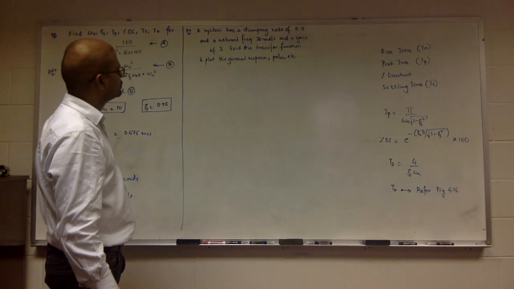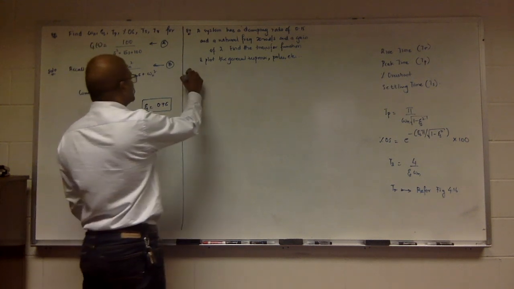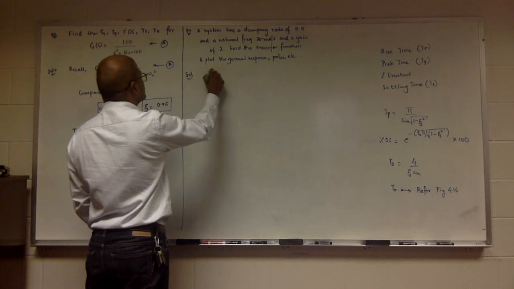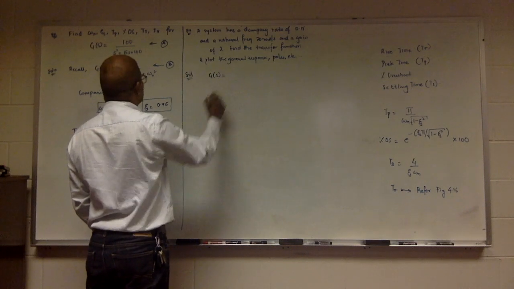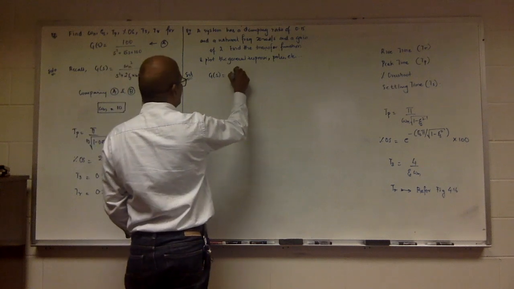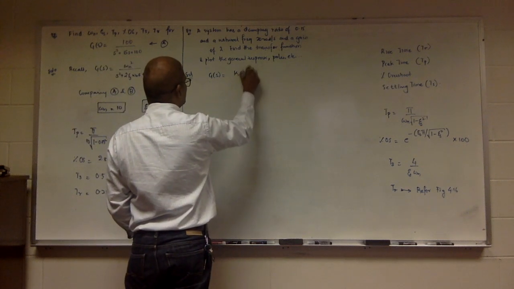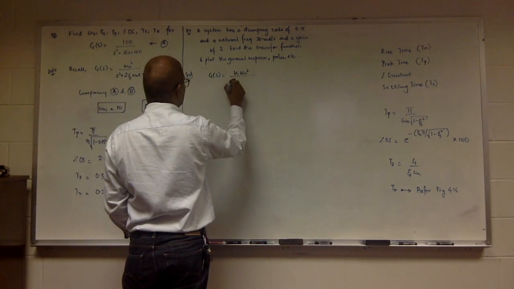So here, the first thing you'll do is, you know this, right? A more generic form of a general second order system is written like this, okay, where k is the gain.